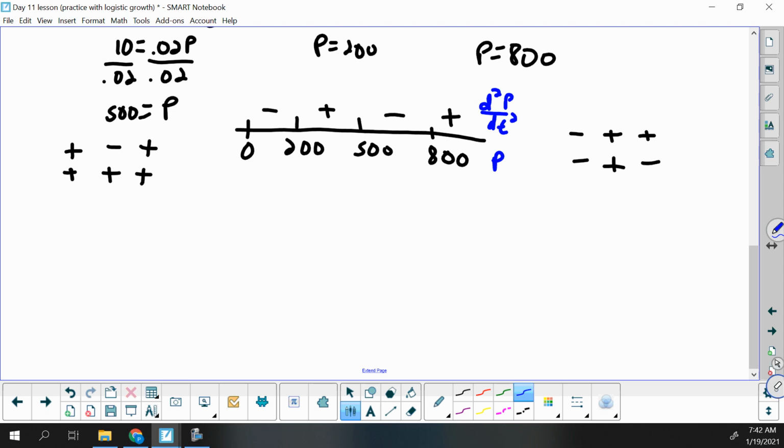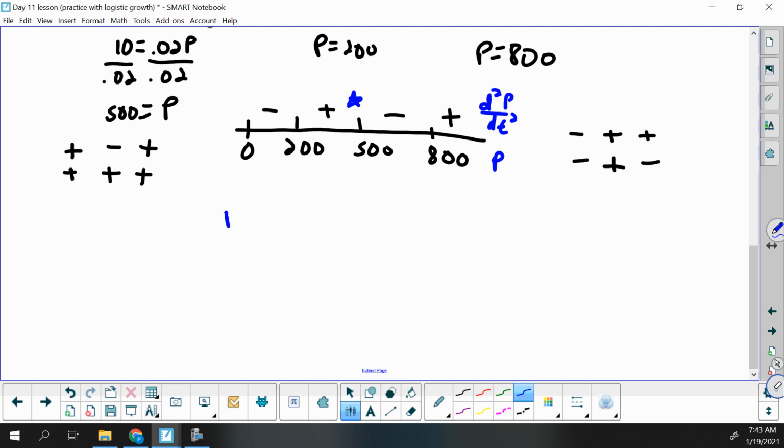Well, we've got 3 spots where our second derivative is switching signs, but keep in mind, when we sketched our potential solutions in the slope field, 200 and 800 were equilibrium points. So there wasn't any continuous graph there, so those can't be inflection points. So our only possible inflection point is this one here.